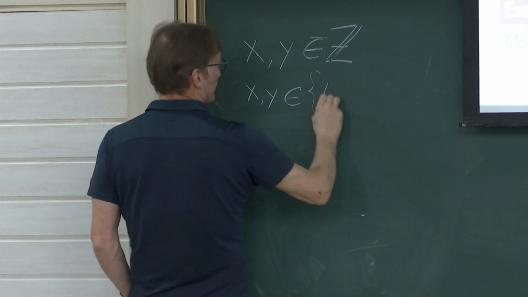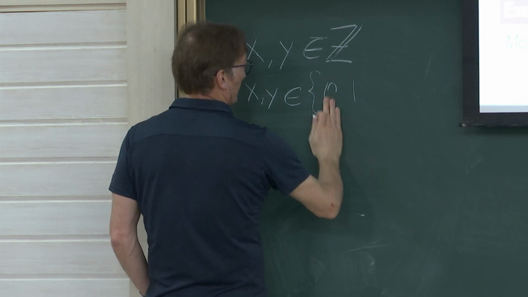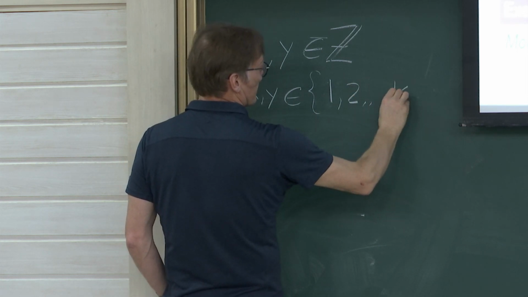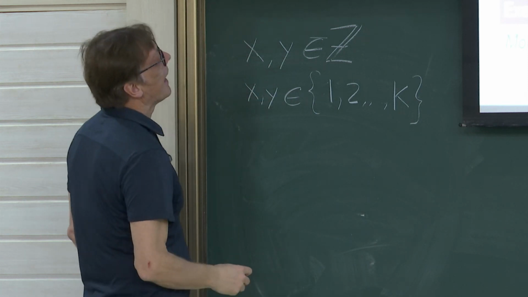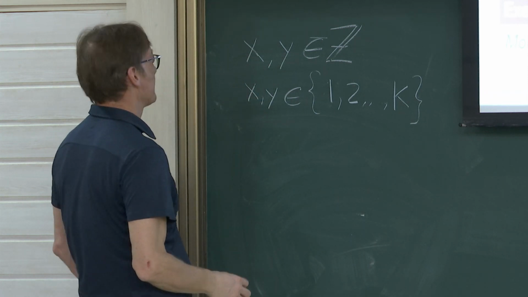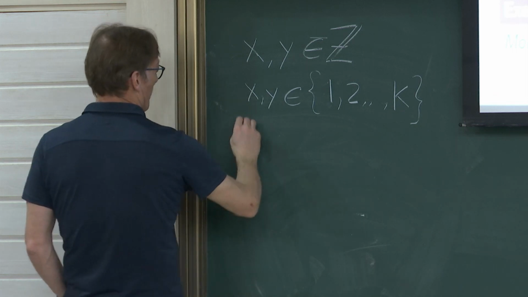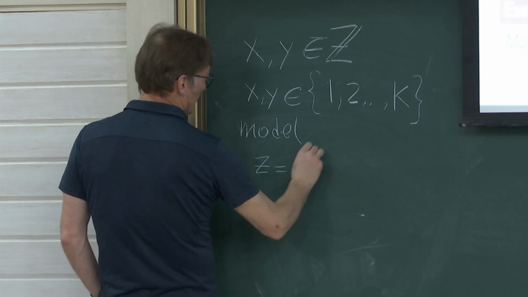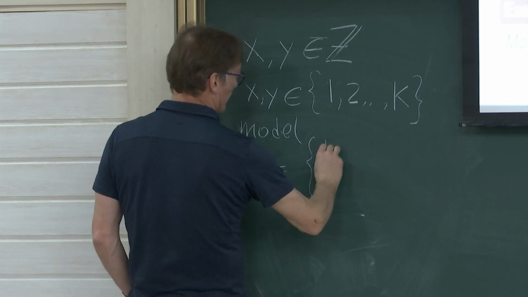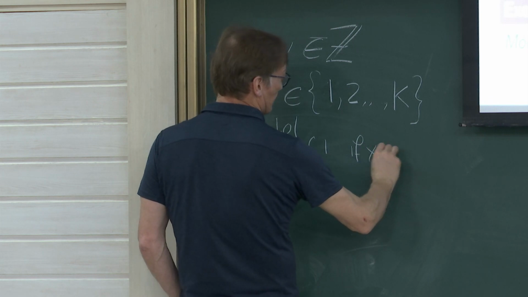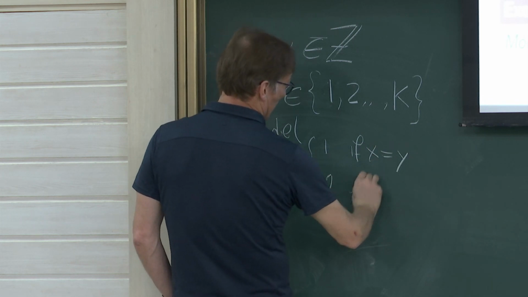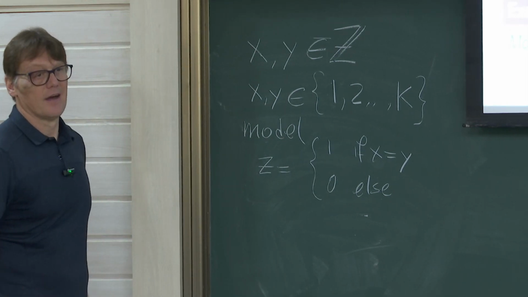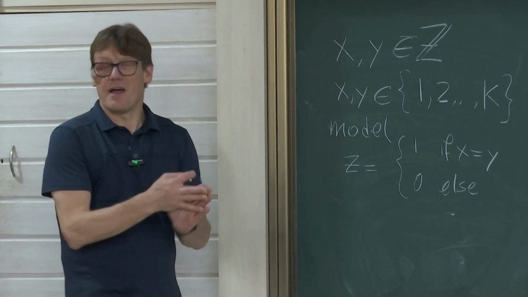So let's say 0, 1, just make it even easier, 1, 2, up to capital K. That's all you need to know. And then you want to model the condition that z is equal to 1 if x is equal to y and 0 otherwise. So you want to model this condition using whatever you have at your disposal.